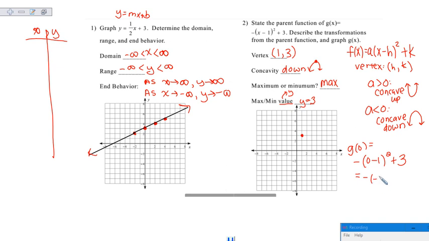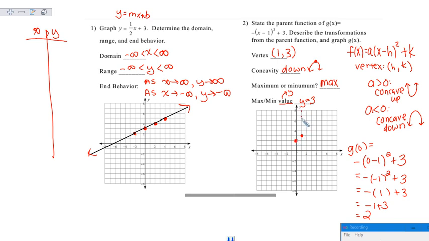I need to simplify inside my parentheses first. Then I'm going to apply the exponent, so negative 1 squared becomes positive 1. Then I can apply this negative on the outside. Now this negative can multiply, so that becomes negative 1 plus 3 equals 2. So at 0, I go up to 2.